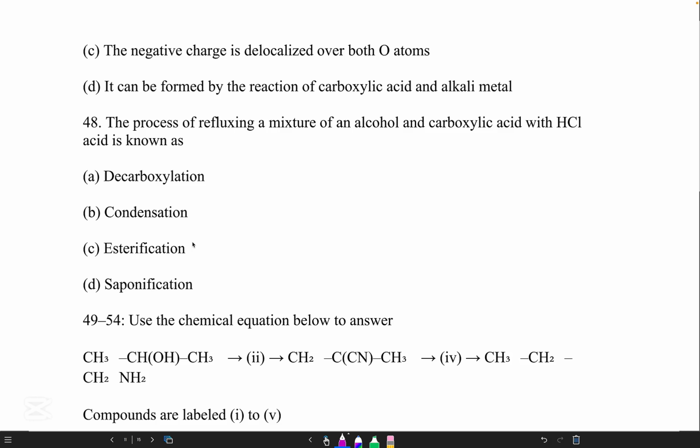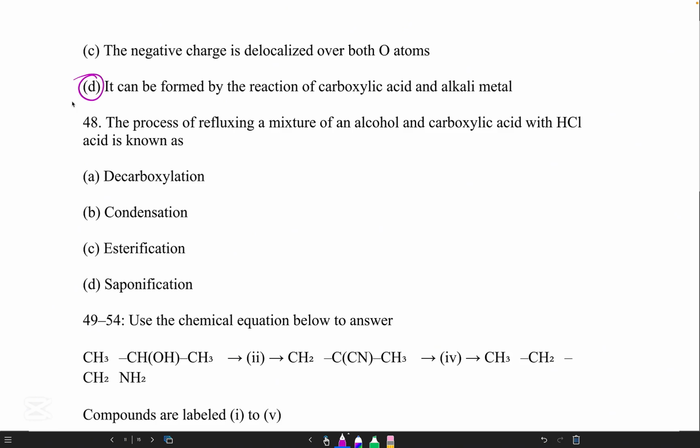But let me see if there is any reaction of... Okay, so we can go with this one. This one is the one that is most likely not to be correct.